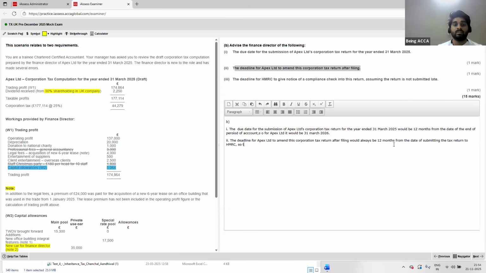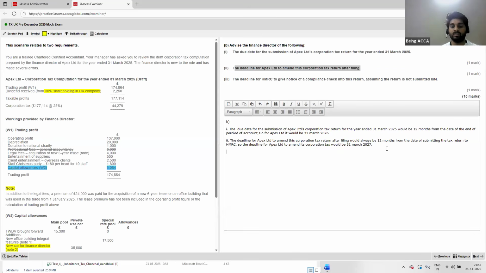So the deadline for Apex Limited to amend its corporation tax return would be 31st March 2027. With this, you have completed your second part of the question, scoring another 1 mark.